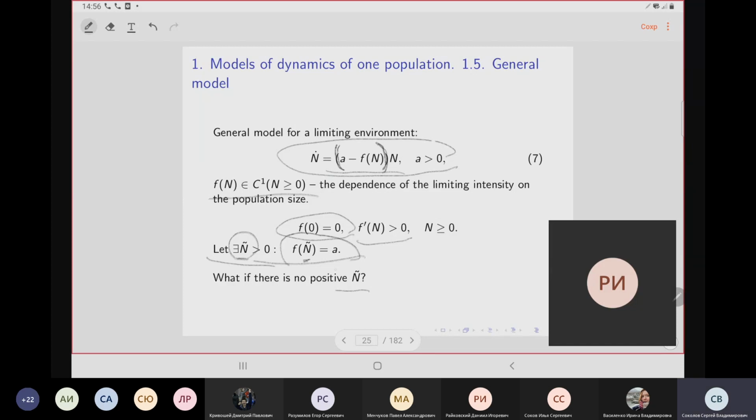And usually we can see equations with this feature when this f of n really exists.